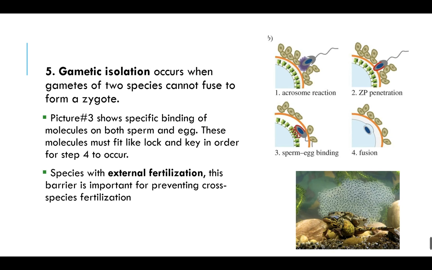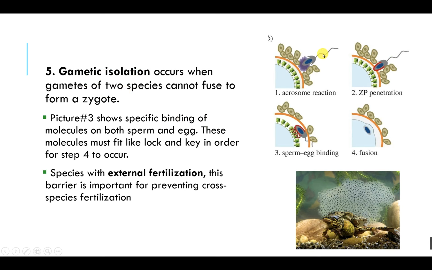The last one of the prezygotic barriers is gametic isolation. In this case, two species attempt to mate, but somehow the gametes themselves are not compatible. In this picture, you see a sea urchin, and this is the egg and this is the sperm.